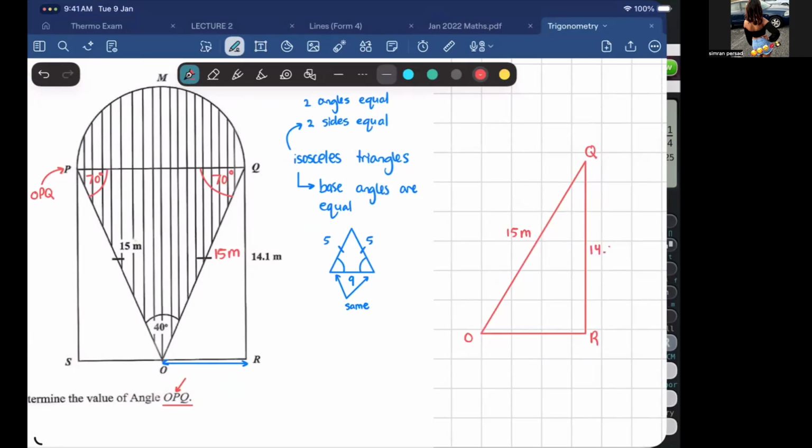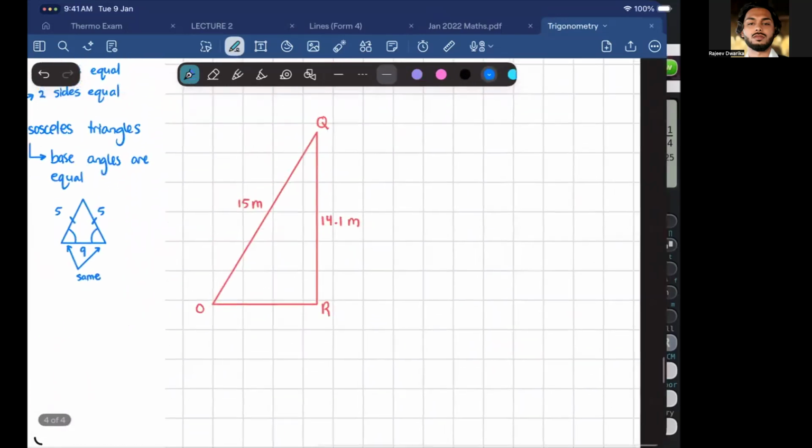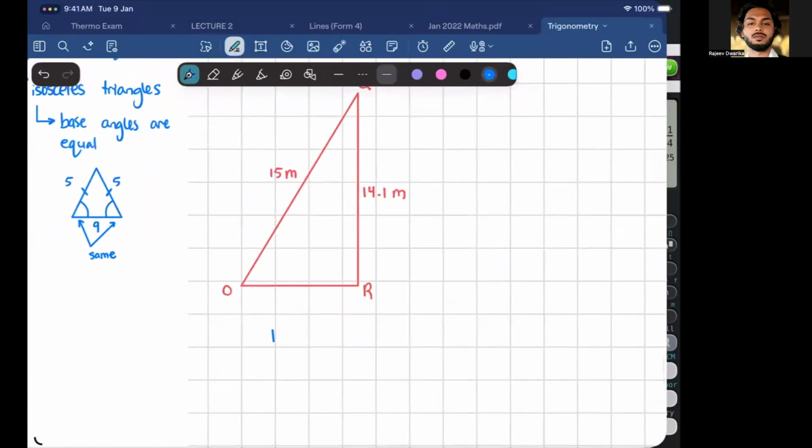14.1 meters. Right. And if you recall, Pythagoras' theorem says that the longest side squared is equal to the other side squared plus the other side squared. That was the simplest explanation. So tell me, Simran, in this question, what's the longest side?